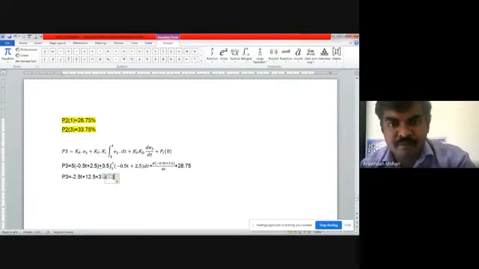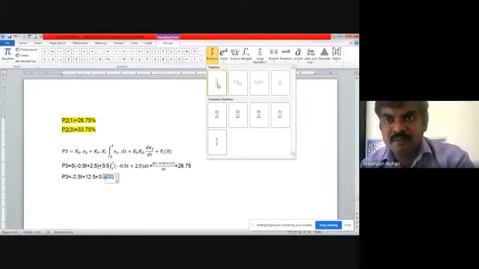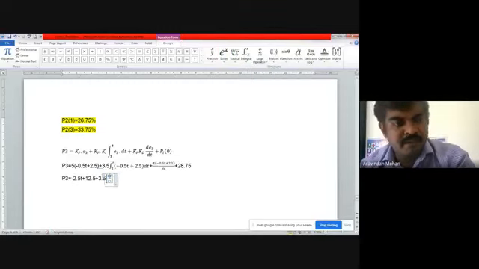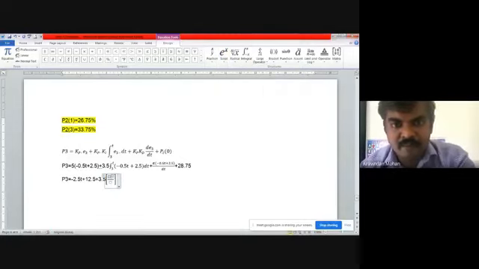If you integrate this particular thing, it becomes minus 0.5 t square divided by 2.